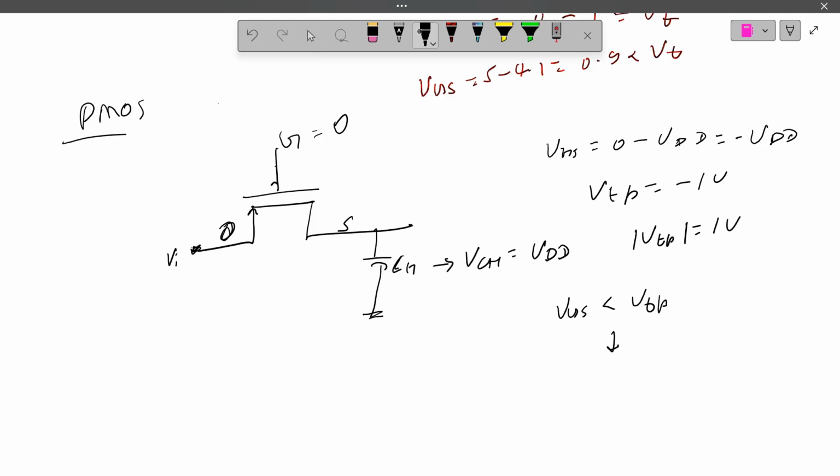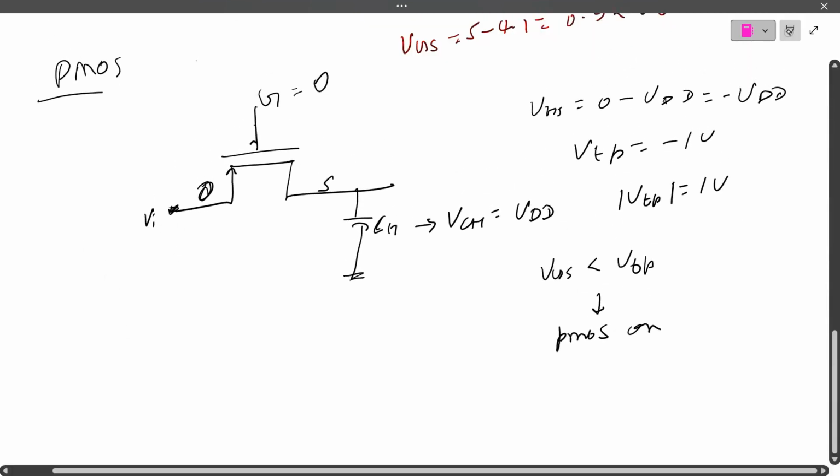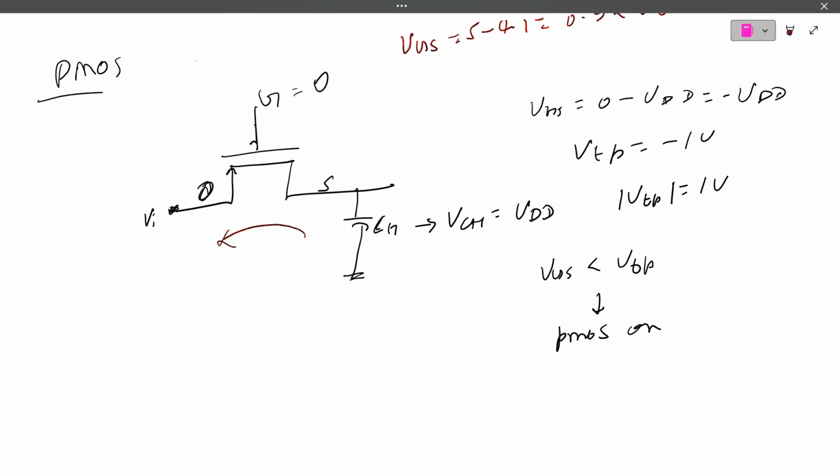So the PMOS will turn on, and current will start to flow from source to drain in PMOS. Got it? This is the definition of the PMOS. Like in NMOS, current flows from drain to source, where the drain is identified by where the higher voltage is applied.